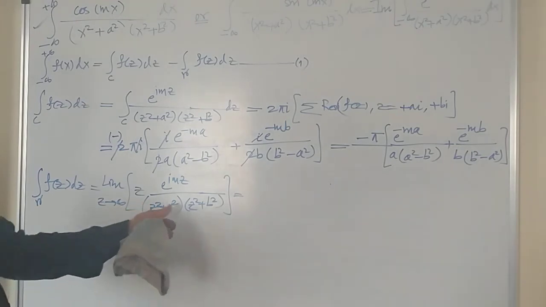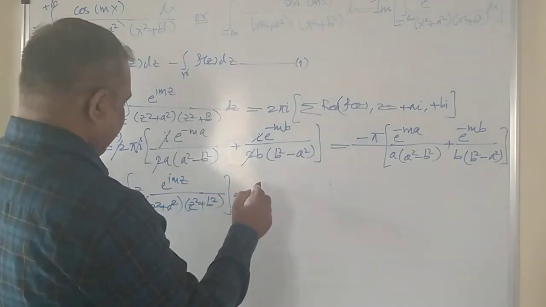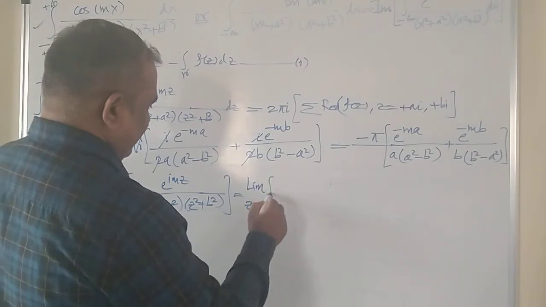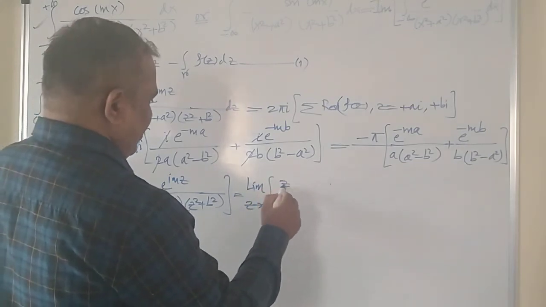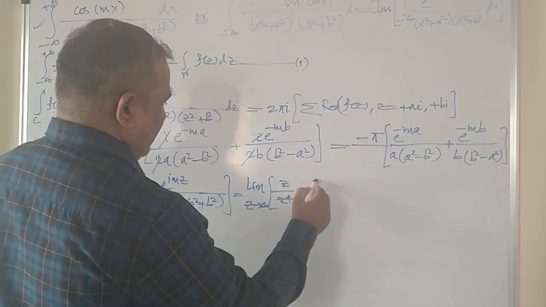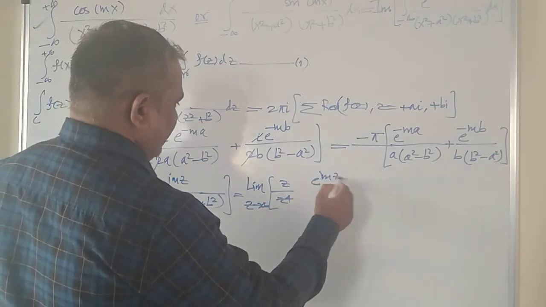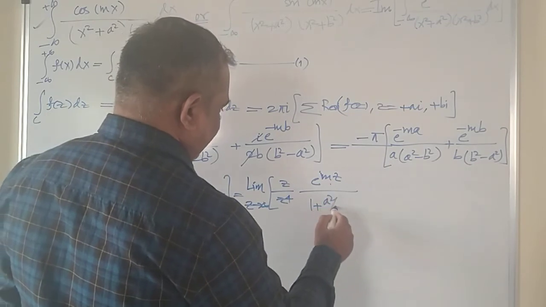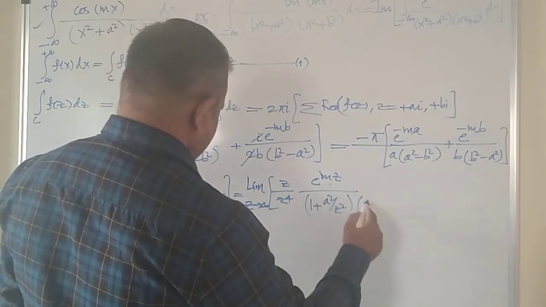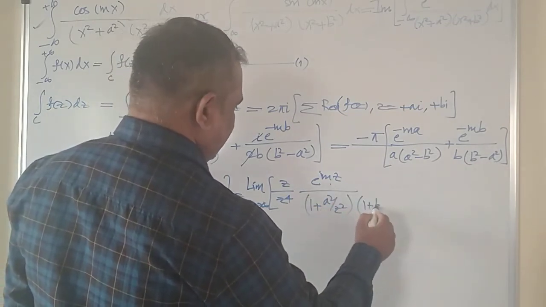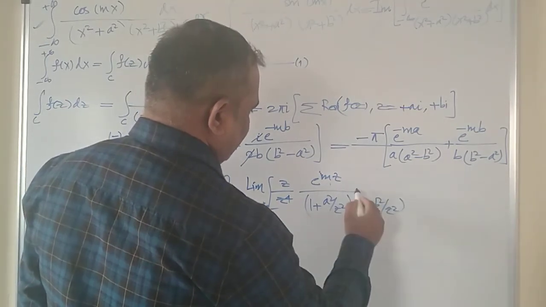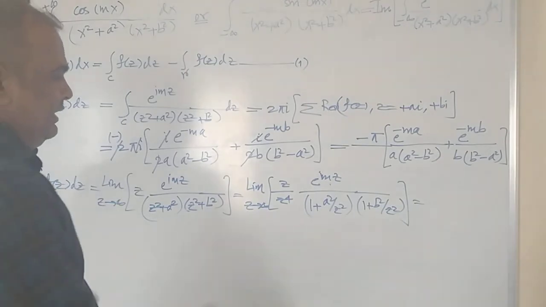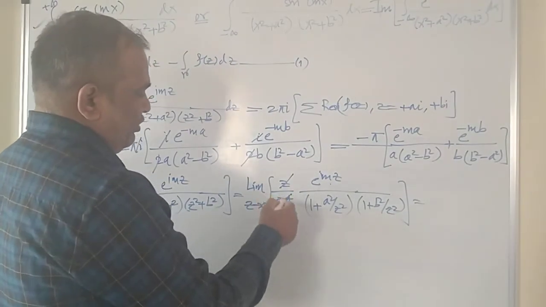So z square here, you will be getting z raised to power 4, limit z tends to infinity. So z upon z raised to power 4, e raised to imz divided by 1 plus a square by z square, and here 1 plus b square by z square. Then put infinity here, 1 upon z cube.